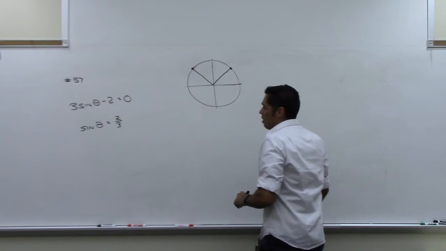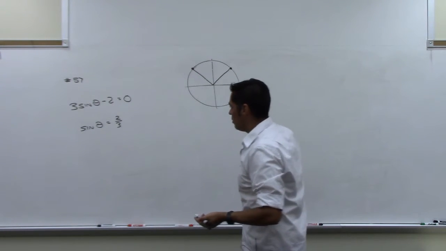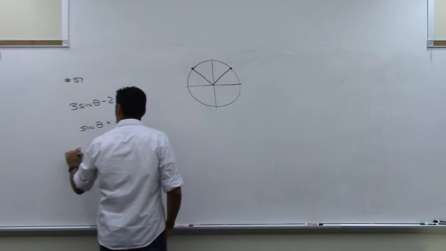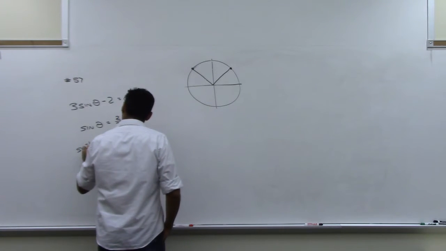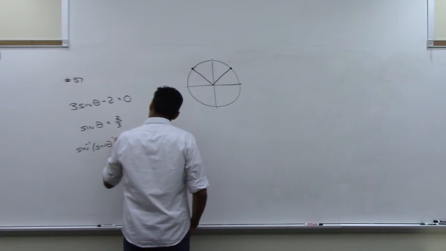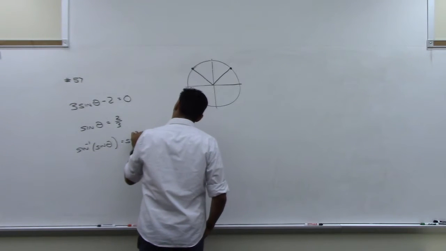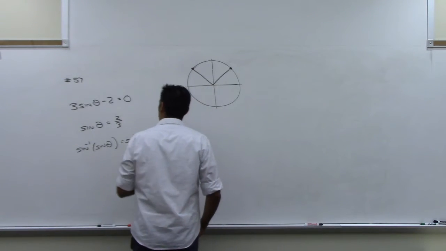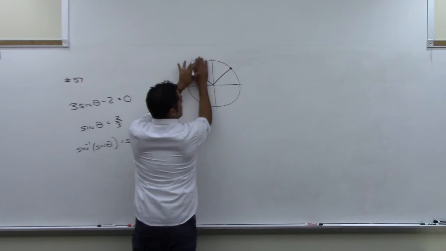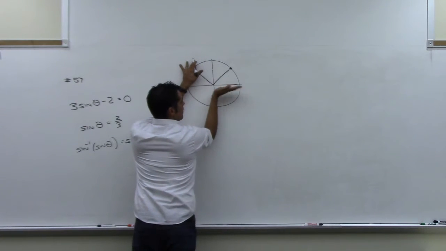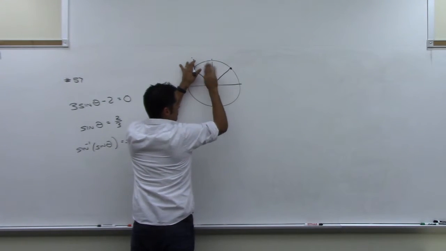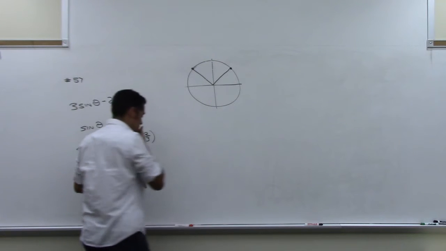I don't know what they are, so I'm going to get those by using the calculator, doing arc sine on the left, arc sine on the right. Let's keep in mind though, when we do the arc sine right now, I'm only going to get answers out that are between negative pi over 2 and pi over 2. And that's just because of arc sine's restrictions.